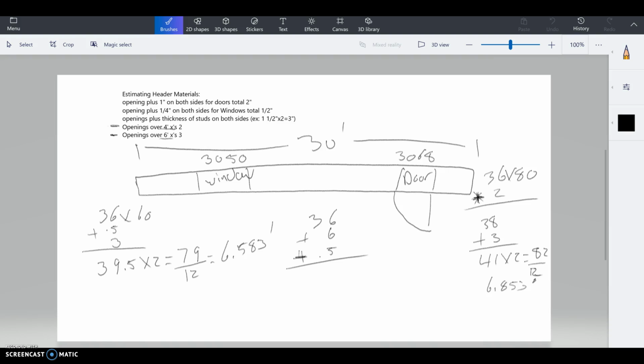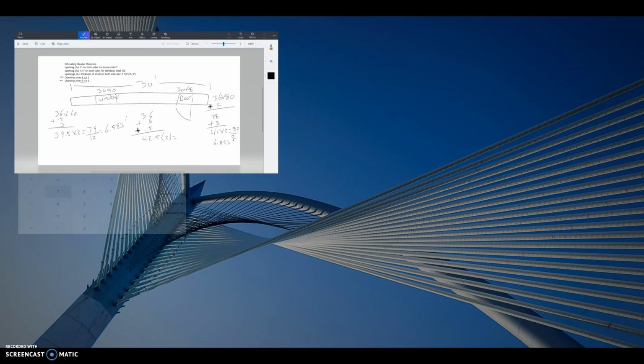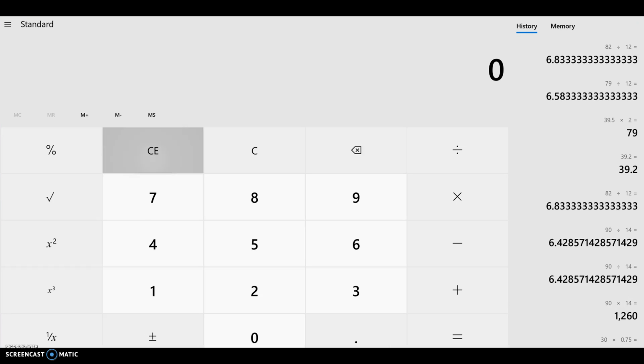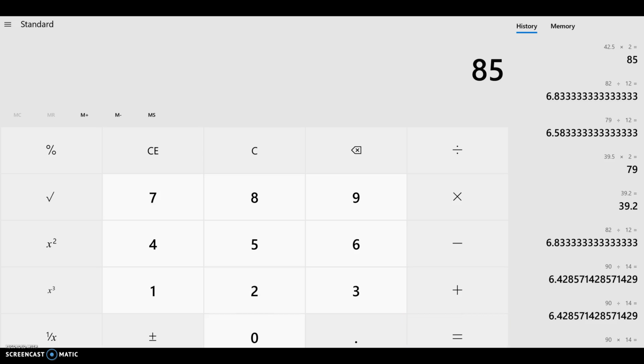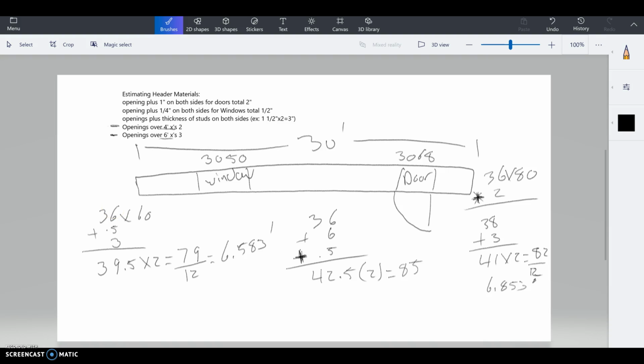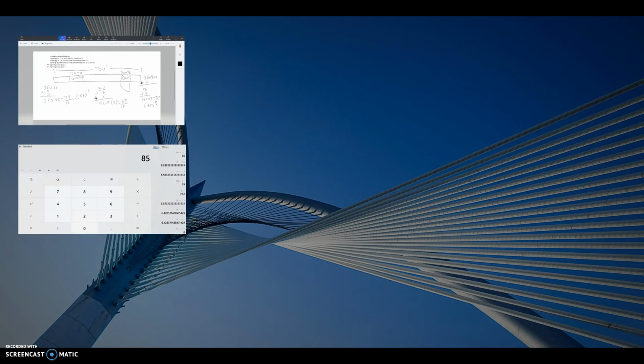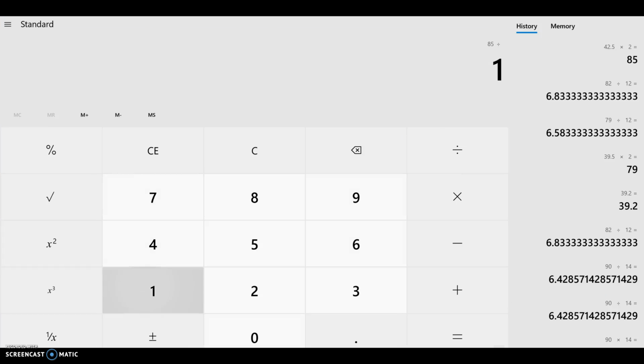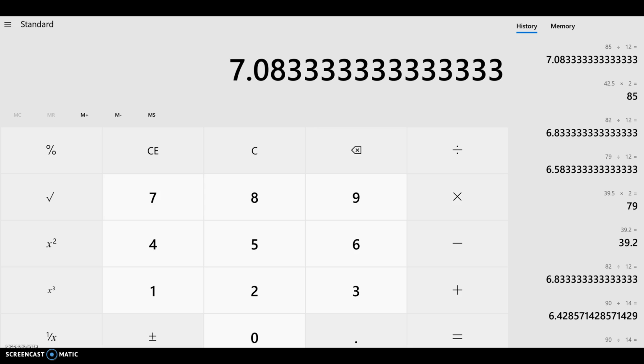So 36 plus 6, 36, 37, 38, 39, 40, 41, 42.5 times 2 would give us your 85. And then we divide that by 12. 7.083.